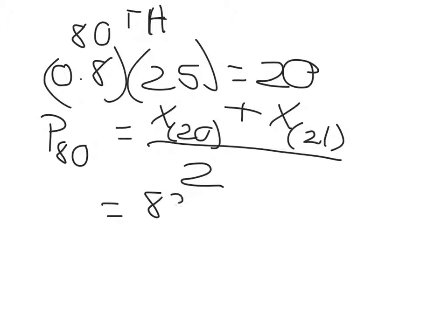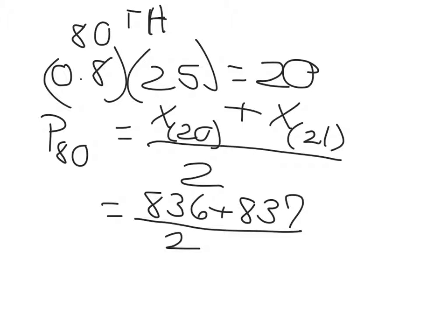So I'm going to have 836 plus 837. Add them up, divide by 2. That's going to give me 836.5. Okay? That's how percentiles work. Not too exciting, but it gets the job done.